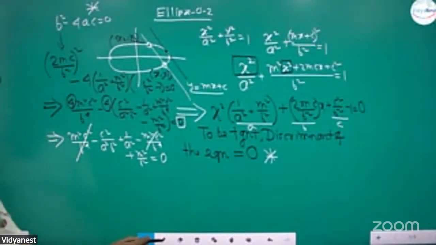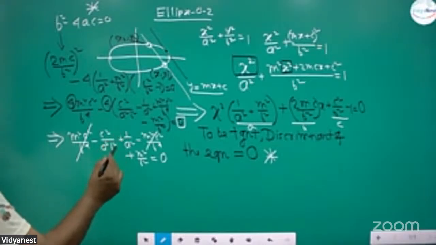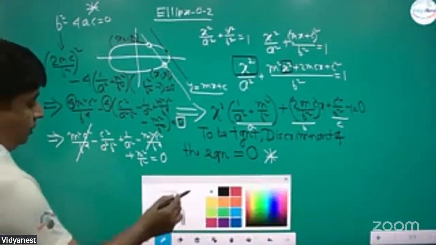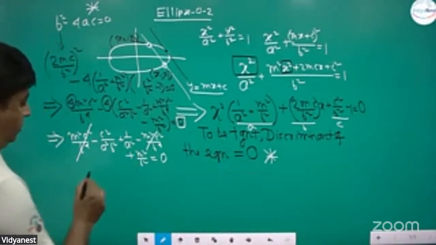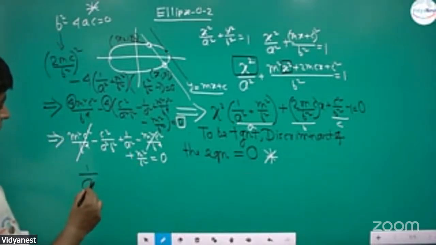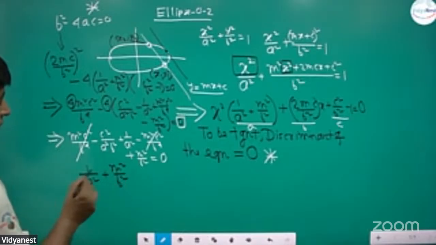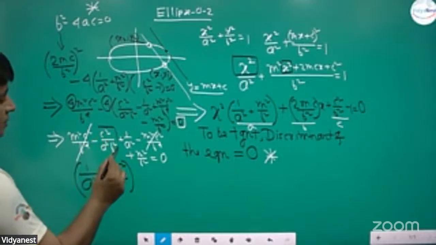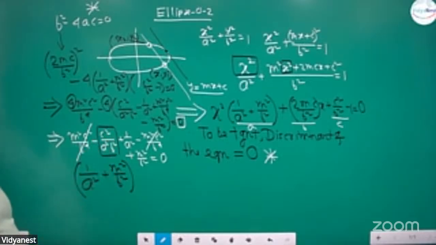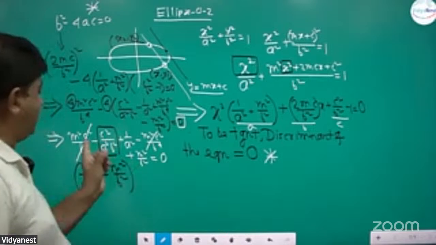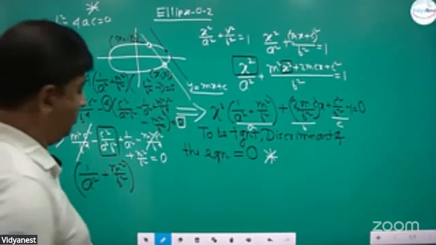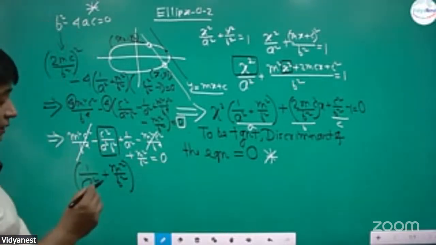See, you keep 1 by a square, m square plus b square in a bracket, and that minus c square by a square plus b square, which is kept in the left hand side, will be shifted to right hand side.